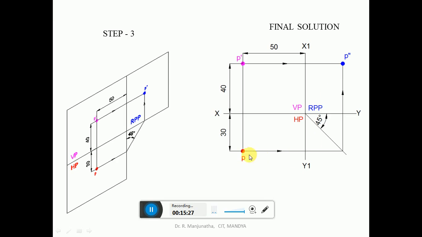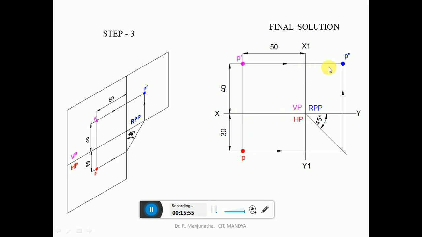Now we need to transfer the distance in front of VP, because in the right profile plane, when we view from the left side view, we can see the distance above HP and also the distance in front of VP. That means the front view and the top view both we can see in the profile plane. So the distance in front of VP, which is vertical here, has to be transferred to a horizontal distance.